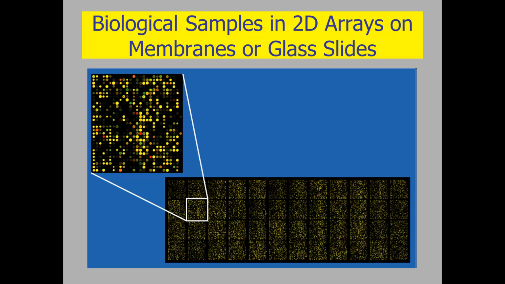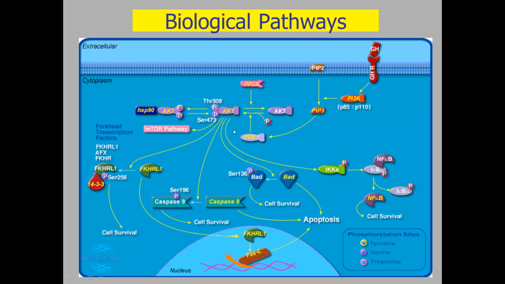So this is an example then of biological samples in 2D arrays on a membrane or a glass slide. So as you can see here, some of the spots are red, some of the spots are green, and what you're looking for is the loss of activity or the gain of activity in the target tissue that you're interested in.